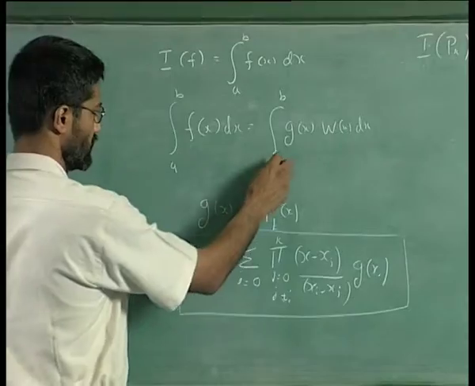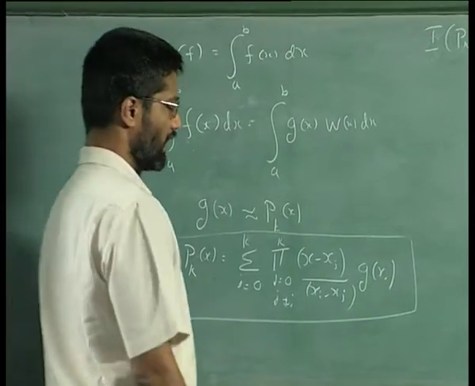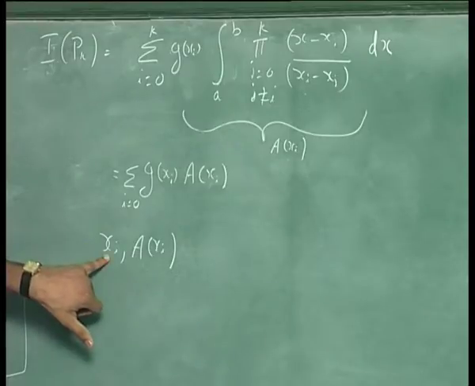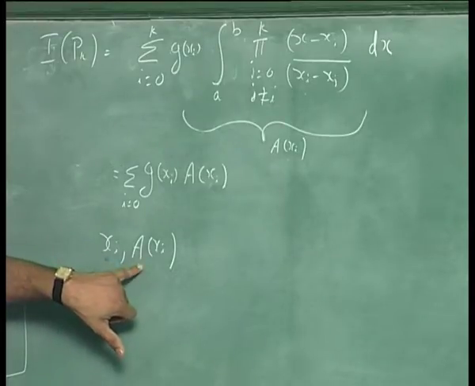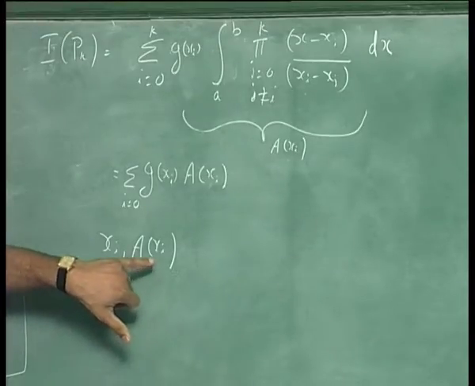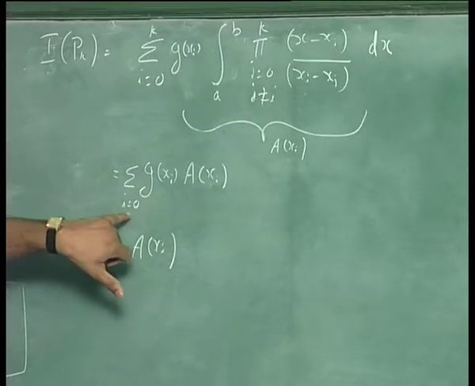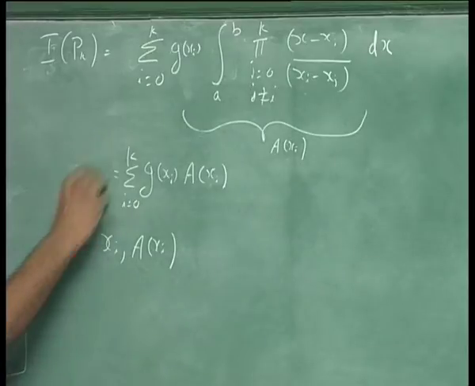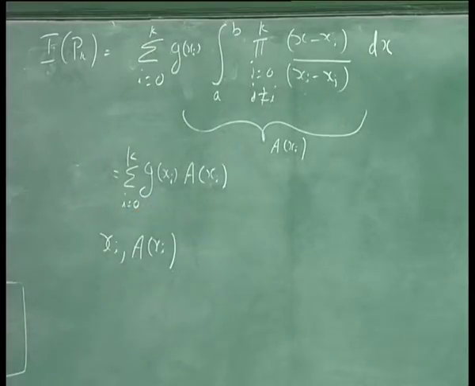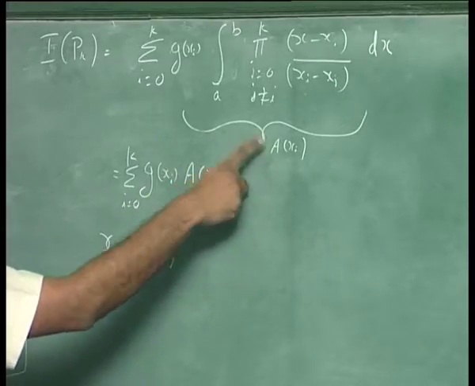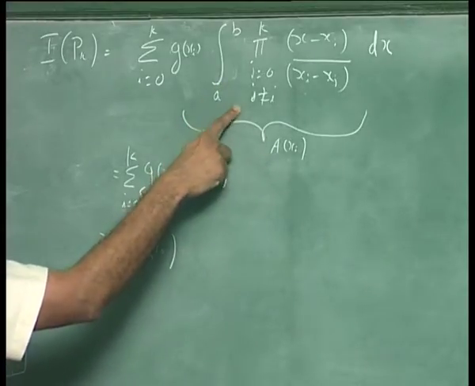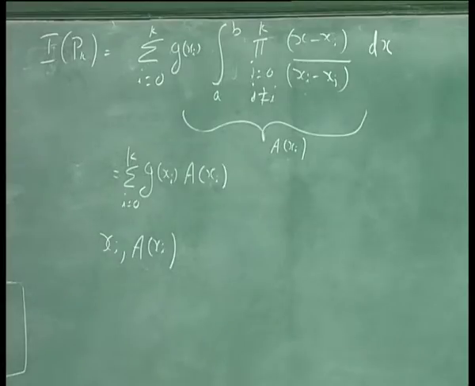So, if you know g of x, and if you are given a set of points xi and its weights a of xi, then I can write the integral as sigma i going from 0 to k g of xi a of xi. So, now note that a of xi is this integral, right, and that does not have the function value anywhere.